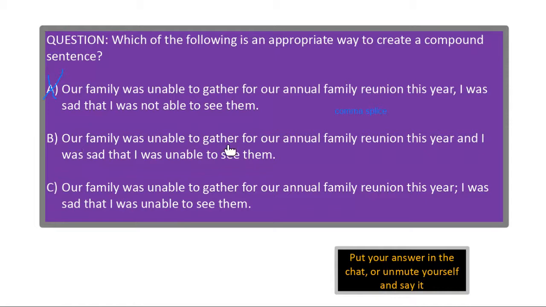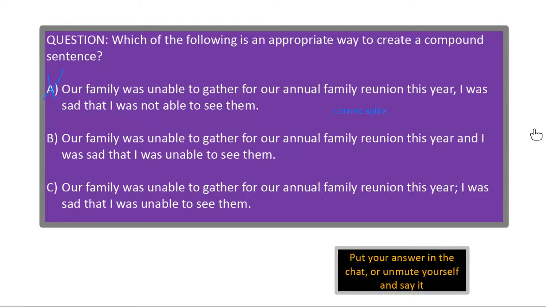Okay, so let's look at B. Our family was unable to gather for our annual family reunion this year and I was sad that I was unable to see them. Does anybody have any guesses on why this isn't correct and what it's called? There you go.